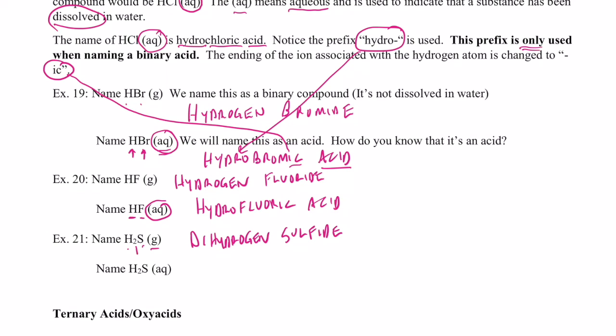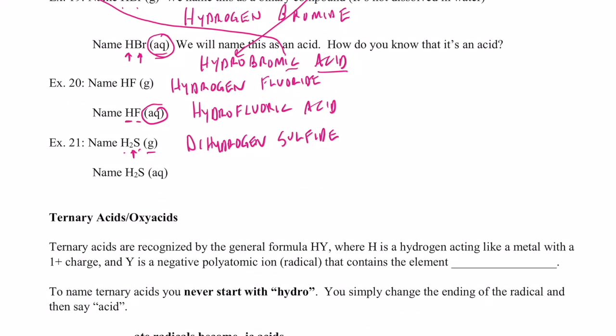So there's two hydrogens, so we would say dihydrogen sulfide. Now, we don't use those prefixes when we name the binary acid. We would simply say hydrosulfuric acid. Okay, so we have a binary acid: it starts with hydrogen and a nonmetal associated with it, dissolved in water.